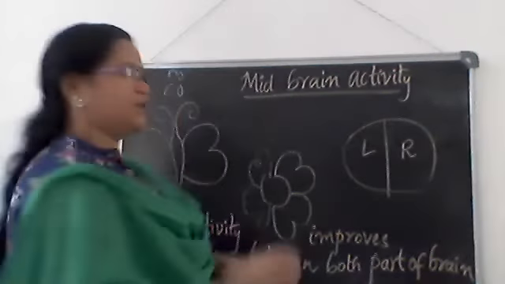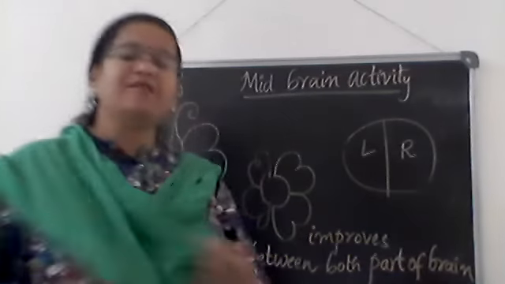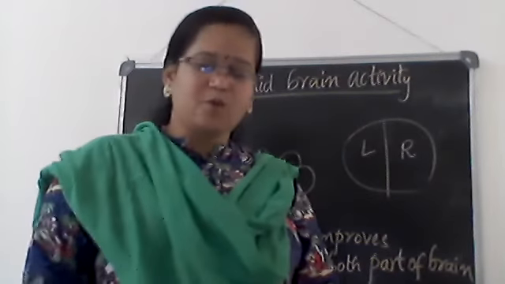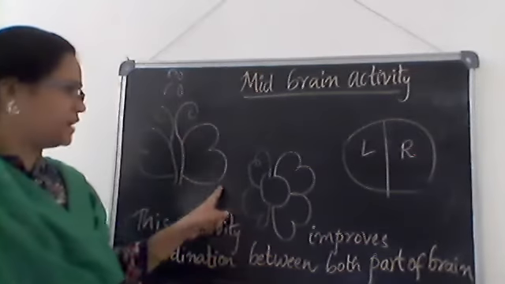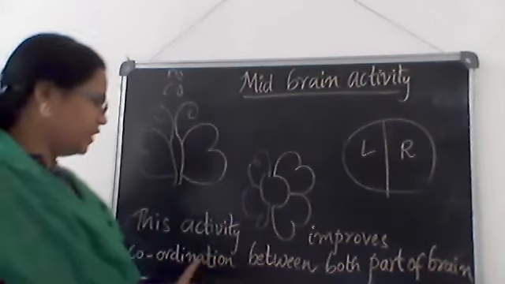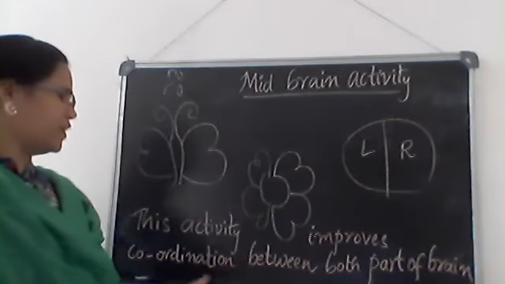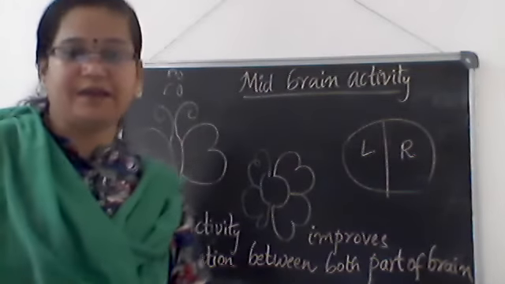So the right hemisphere and left hemisphere of your brain will get activated. Hope you have enjoyed this session, and you will finish off. Midbrain activity is the activity which will improve the coordination between both parts of the brain.